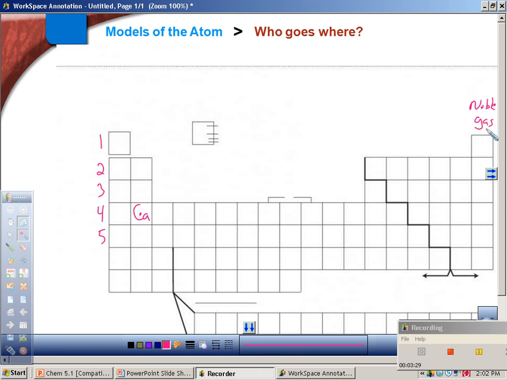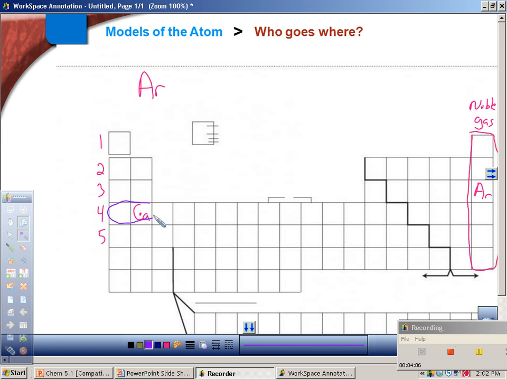So this column right here, these are called noble gases. So the first noble gas that comes before the element is our starting point. So with calcium, in the 4th level, we go to the 3rd level, noble gas, and it's argon. So this is our starting point for our configuration, argon. So argon, all of these boxes are filled up. That's what that says. Okay, so now we just have to fill in the 4th level.